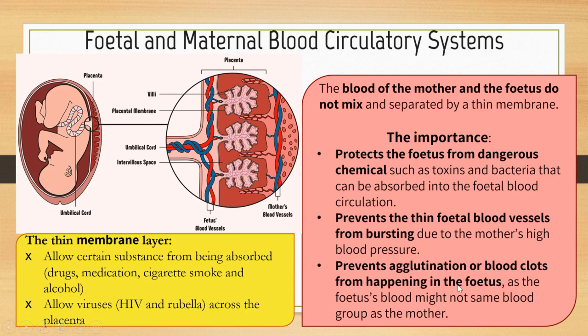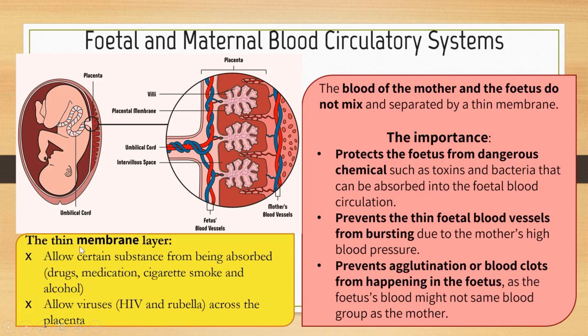Sometimes the blood group of the fetus and the mother's are not the same. So if they are mixed together, it will cause agglutination. So by having a thin membrane, it will prevent agglutination.